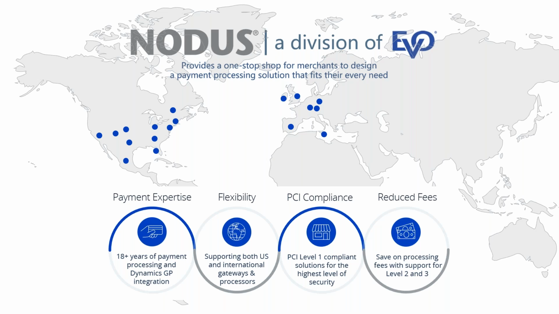So when you use our solutions, you don't have to deal with any third-party services, which not only gives you more payment expertise, but we pretty much guarantee that the fees on the payment processing that you're going to pay through us are going to be lower than anyone else, because there is no middleman. And we do support all US and international payment processing as well.